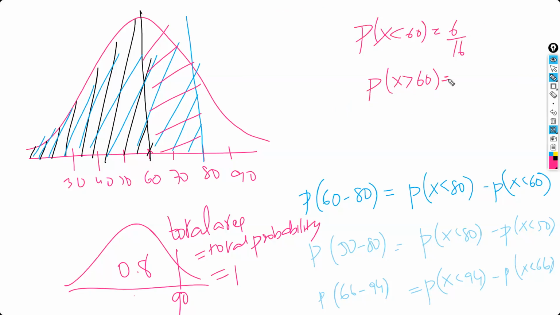Greater than 60 means from 60 to everything. Calculate from 60 in the table: 60 to 70, 70 to 80, 80 to 90, 90 to 100. What is the total? Greater than 60, I am asking.